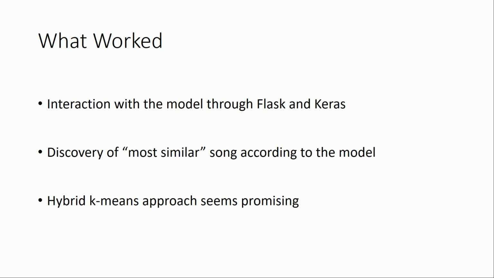And what's happening there when choosing the most similar song according to the model is, every time a new model is created, I run every song that I have at my disposal through the model and save off their list of 18 probabilities for each of those 18 classes.